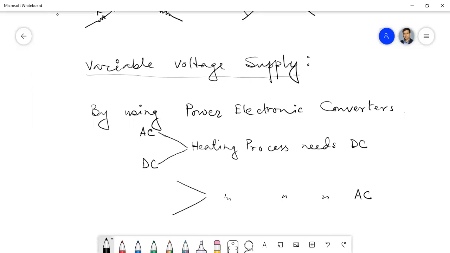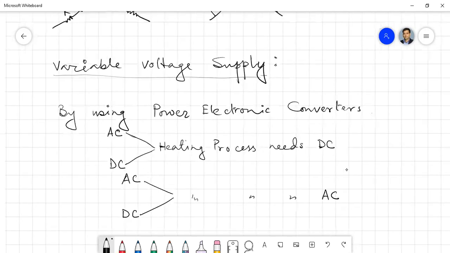In that case also you may have existing AC or you may have DC. Clear? So suppose you have AC input and you need a variable DC. So you know what type of converter we should use for this. Anybody?